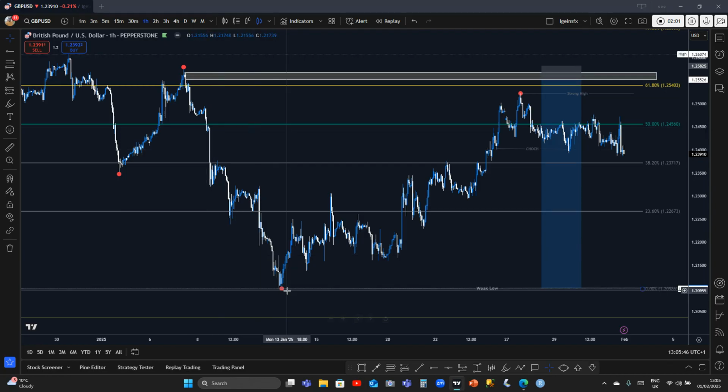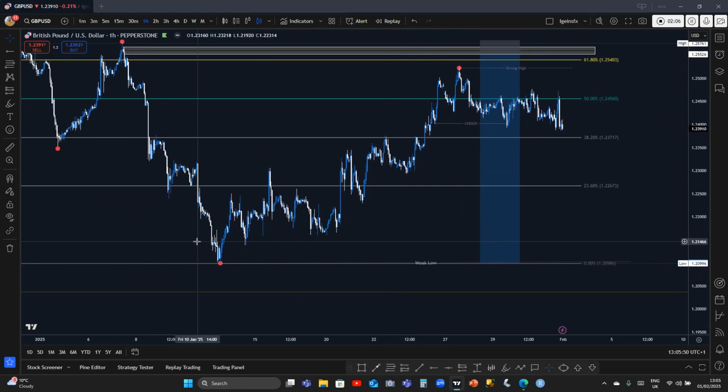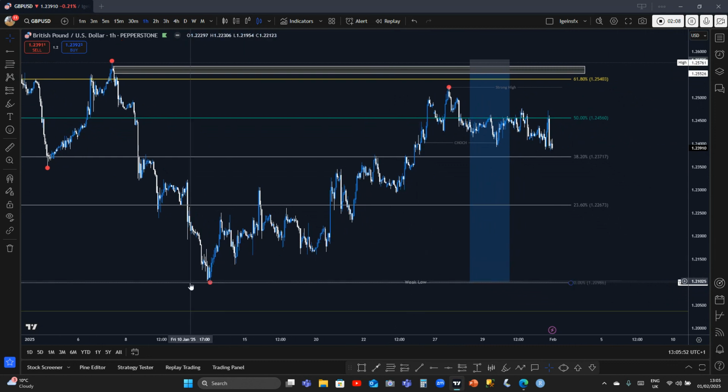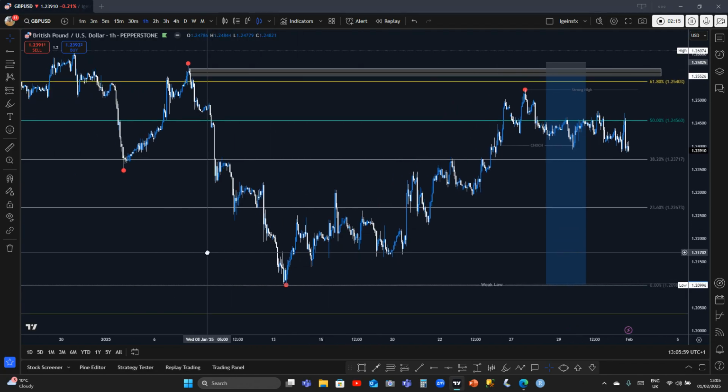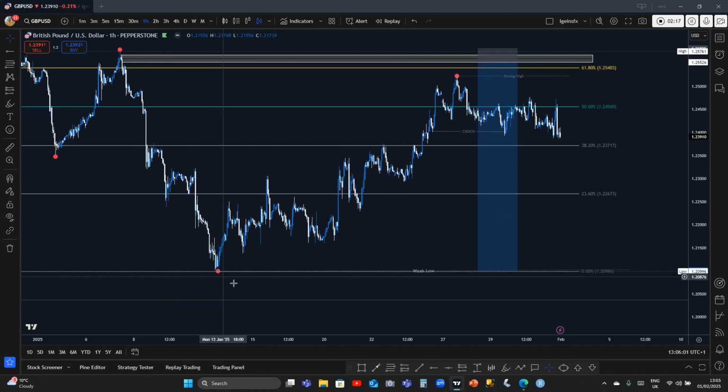It broke structure and it created a low. So after that, what we should be expecting is a pullback. And that pullback started from here. All right.